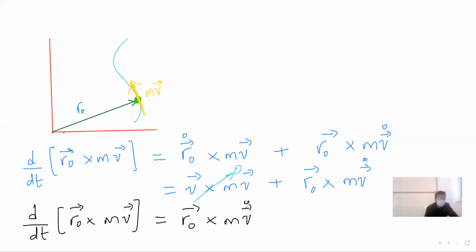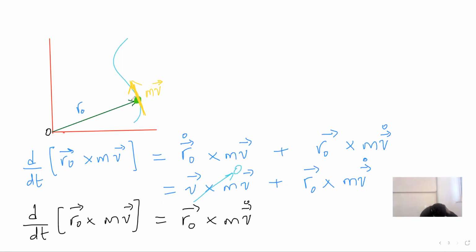Now many students are saying, what on earth is happening? You suddenly started taking a derivative of this quantity called R naught cross mv. Now, if you think about it, mass multiplied by velocity is momentum, and essentially what you are doing is finding the moment of the momentum mv multiplied by r.